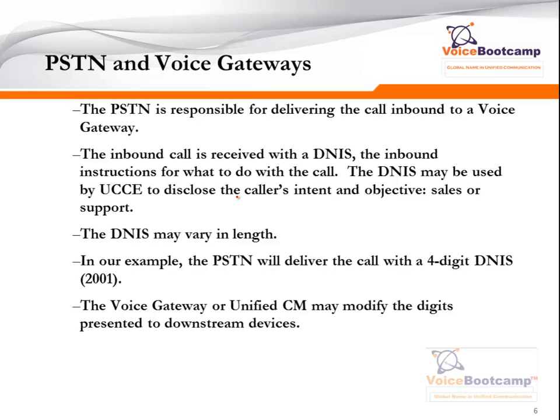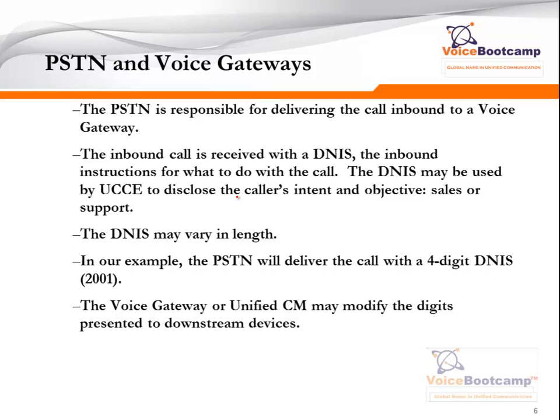The DNIS may vary in length. It all depends on the service provider. When a service provider provisions a T1 or E1 line, or even a SIP trunk, they will always ask you in advance how many digits you want them to forward to you. In other words, if somebody dialed an 11-digit number, how many digits should the service provider send to you?